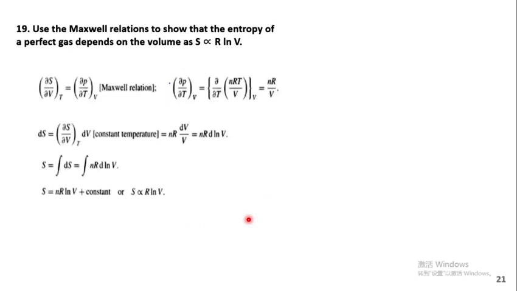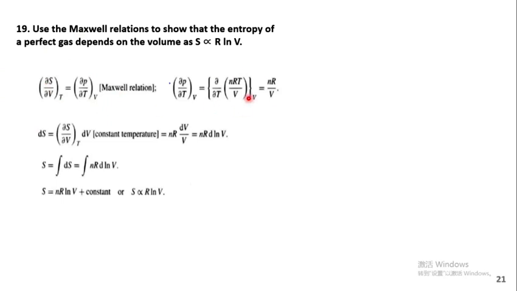And for the next question, this is a proof question. I think this question is just a mathematical question. This is a little difficult, but first from this Maxwell relation, we get this one.